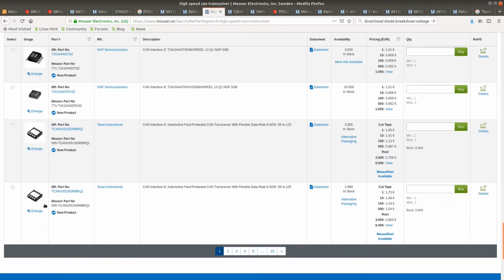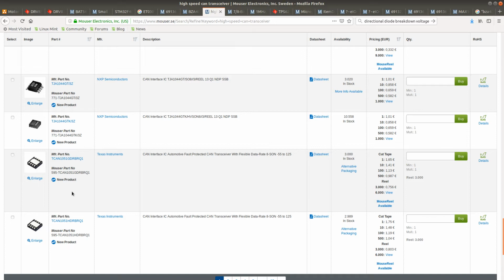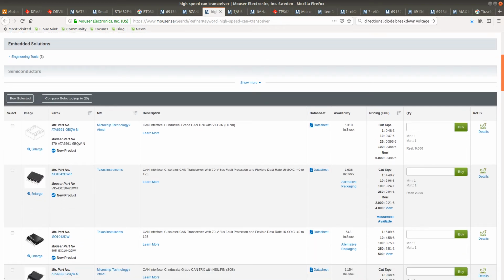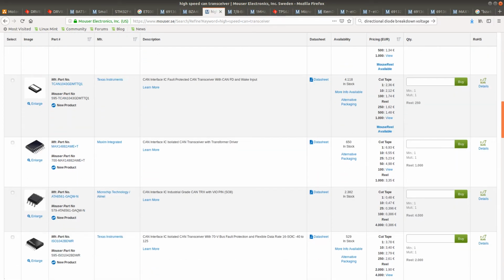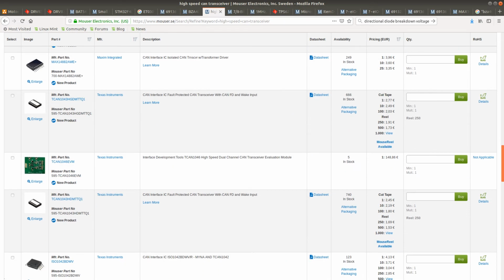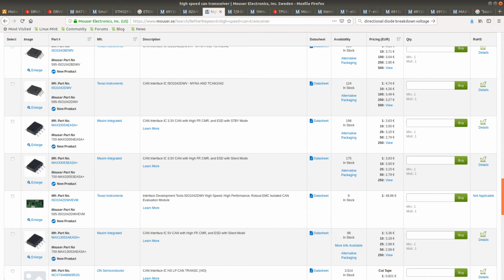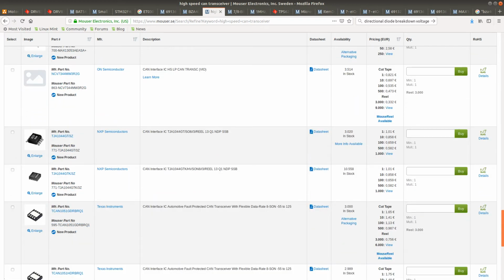And I just have to make sure that this transceiver supports high-speed CAN operation up to 5 megabit per second, because we want to use it for CANFD as well. And the thing is, the price is usually not very much different.